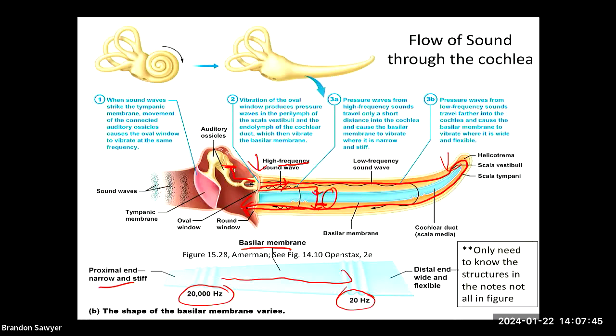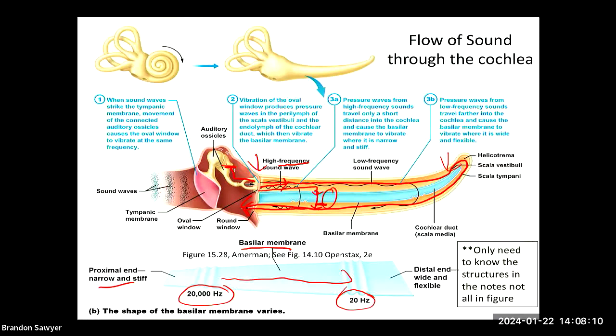Okay. Questions on that at all? Wesley? Yeah. So is it like it reaches a certain point and then vibrates, or is it like vibrating all the way, like going through? Yeah, so it's vibrating the liquid the whole time, right? But then that liquid's ability to vibrate the membrane is going to be dependent on where we're at in that membrane.